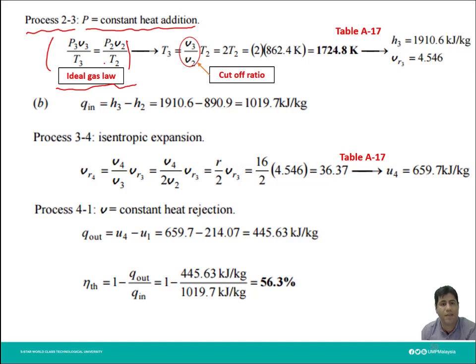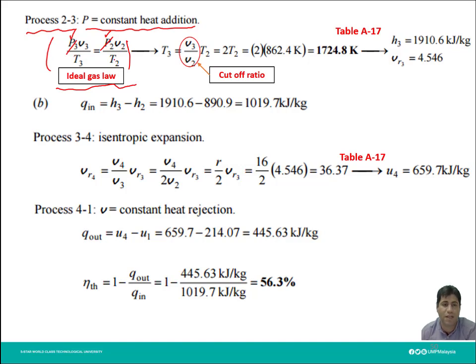Since P is constant during this process, P will cancel out from both sides of this equation, then V3 divided by T3 will be equal to V2 divided by T2.